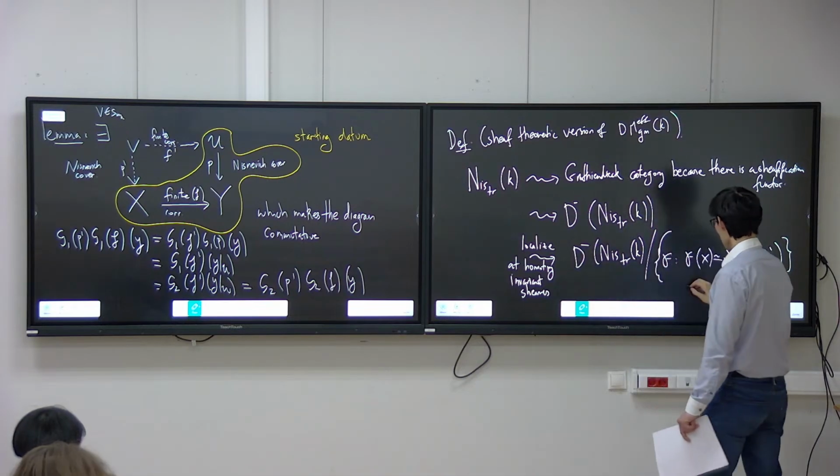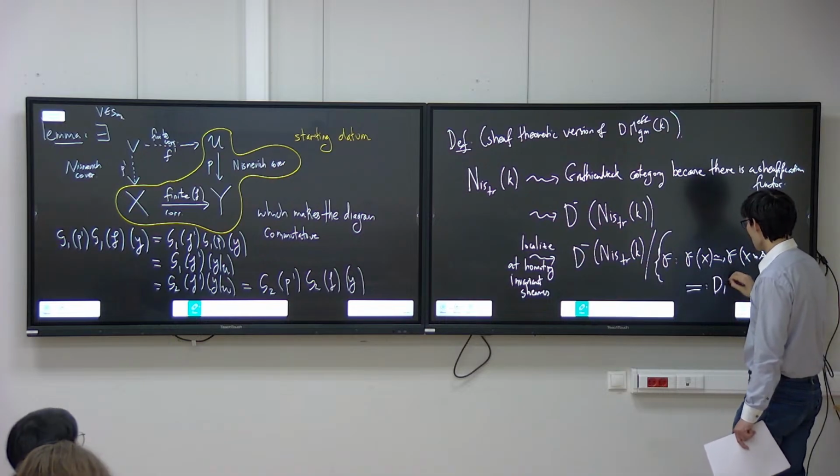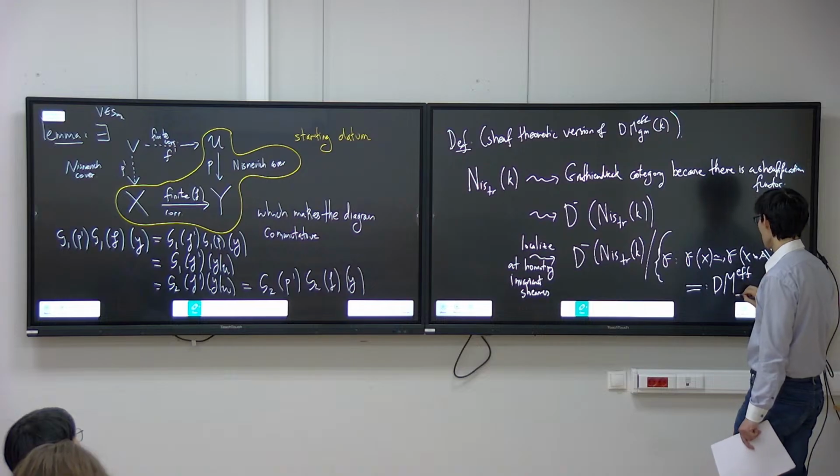And this by definition will be our candidate of motivic complexes, or at least effective motivic complexes.